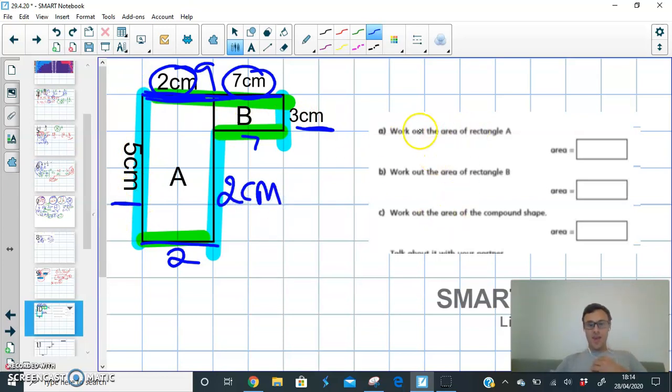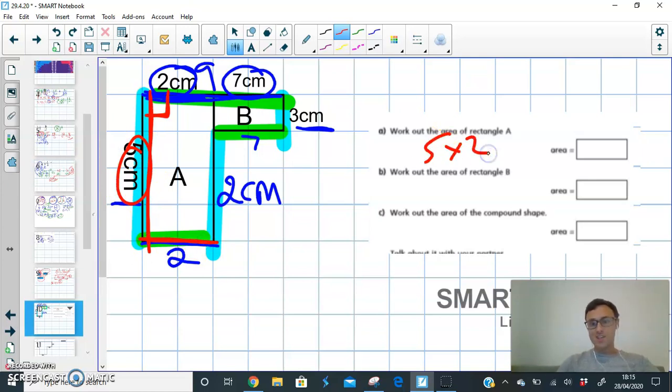Then it says work out the area of rectangle A. Well, the area of rectangle A, remember we need to times numbers that are at a right angle. I'm going to go all the way down here, so that's that 5, and I'm going to go all the way along here, so I'm going to do 5 times by 2, which is 10. So the area is 10 centimetres squared for this one. Area of B, well, I'm going to go all the way along here.